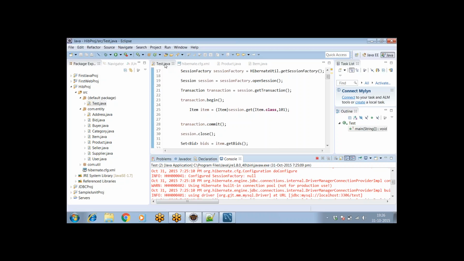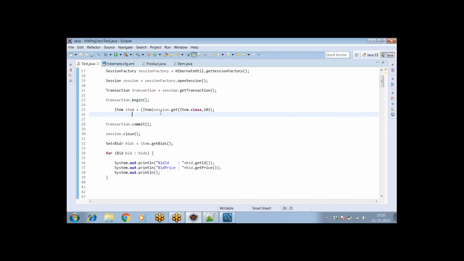Okay, now see in case of one to many, that entities which are on the many side, say the bits are many, so always it will fetch that bits lazily by default. But you can configure it as eagerly also.